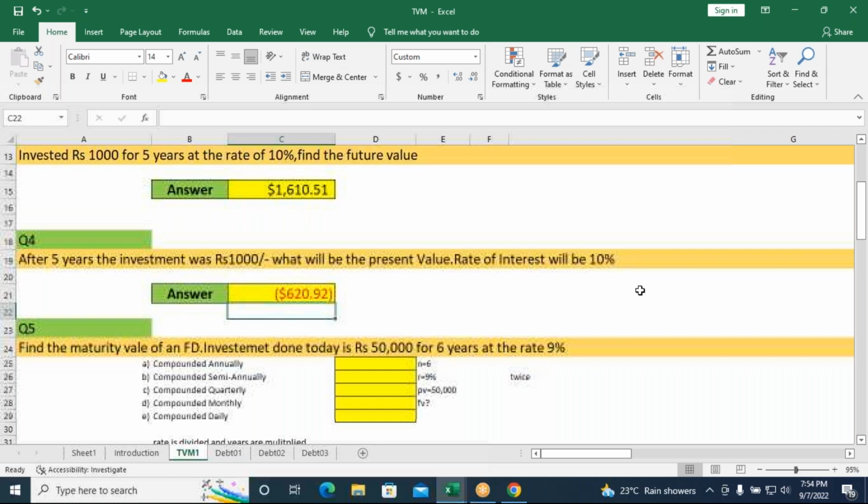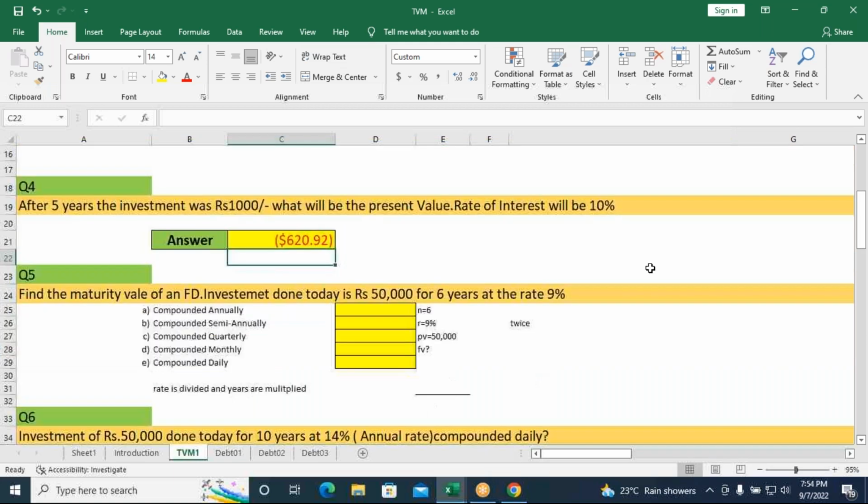Here they have given different variations: compounded annually, semi-annually, quarterly, monthly, and daily. I'll explain what it is. Today I'm making an investment of 50,000 rupees. After 6 years, how much amount am I going to get, at the rate of 9%?